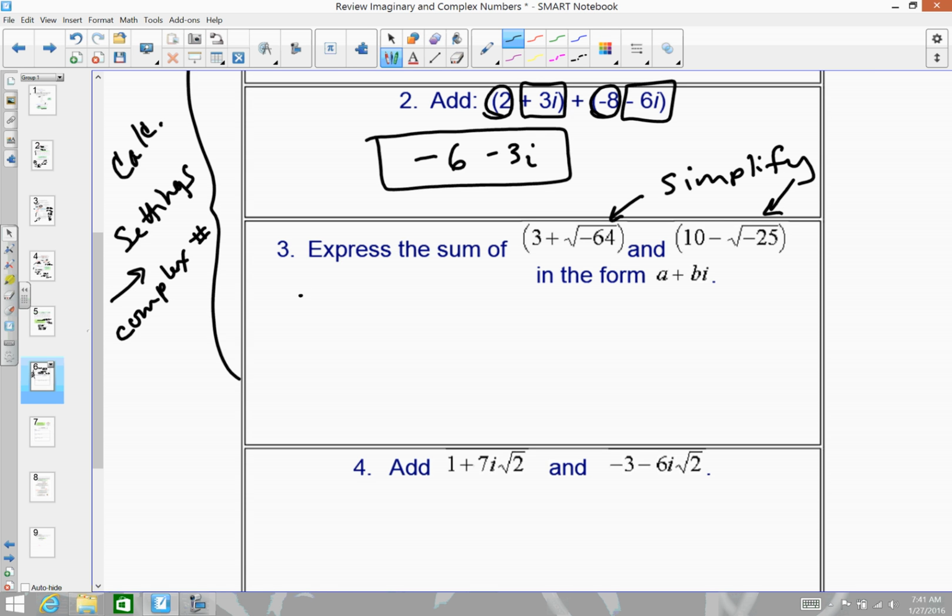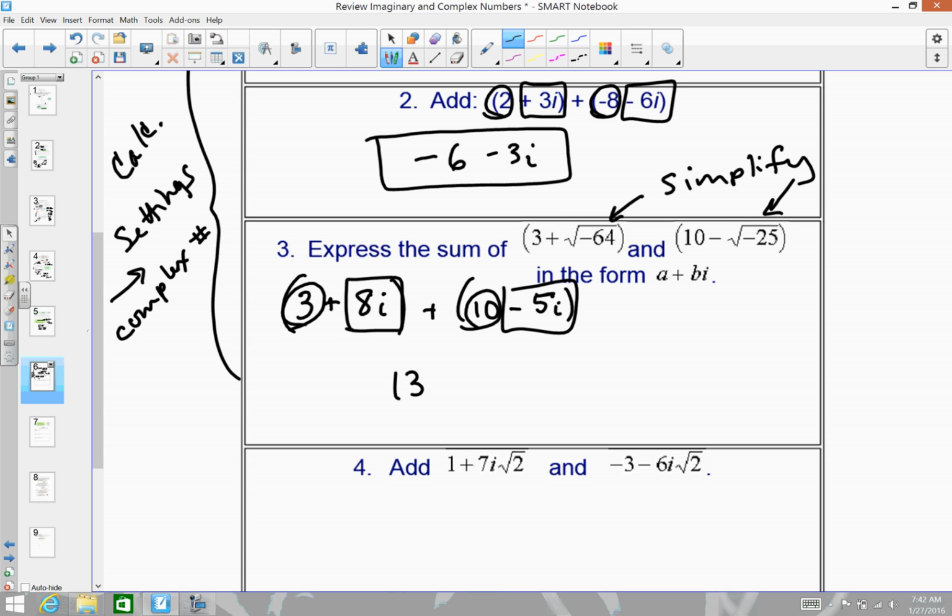So 3 plus radical negative 64, well, 64 has a square root, that's 8, and then the negative 1 comes out as an i, so this is the same as 3 plus 8i, and I'm adding that to 10 minus radical negative 25 will be 5i. So now adding these together, I add the real parts and I get 13, add the imaginary parts, and I get positive 3i.